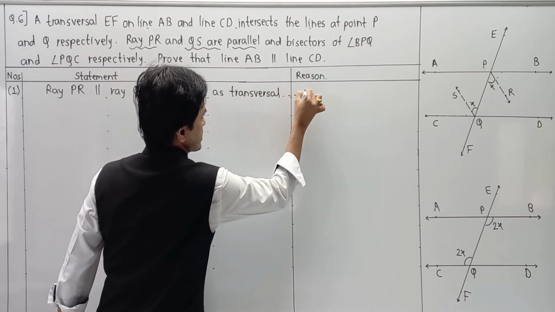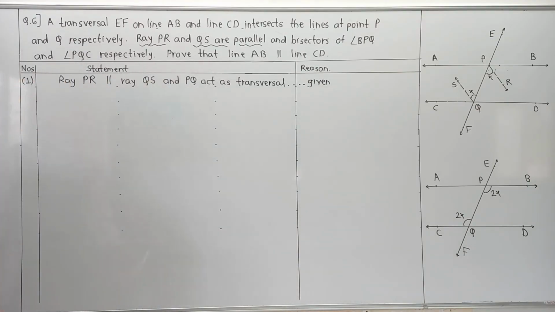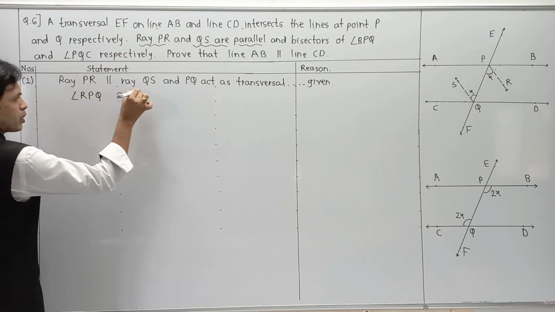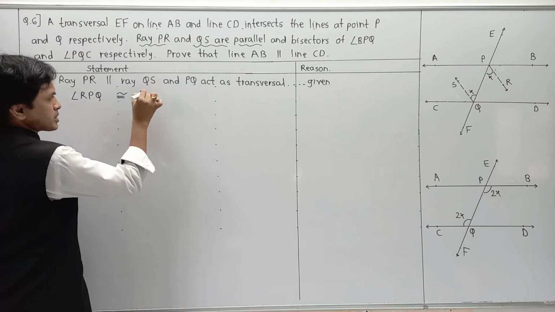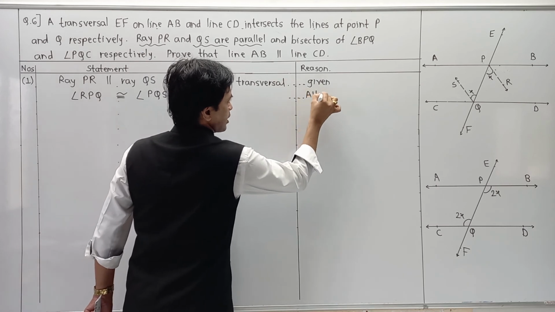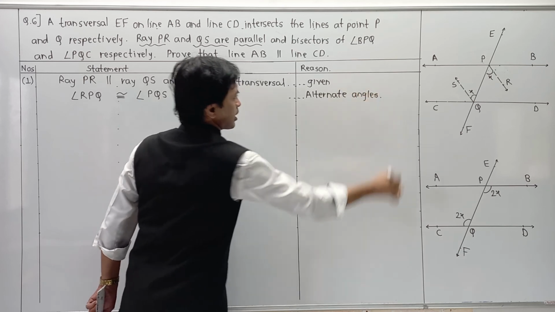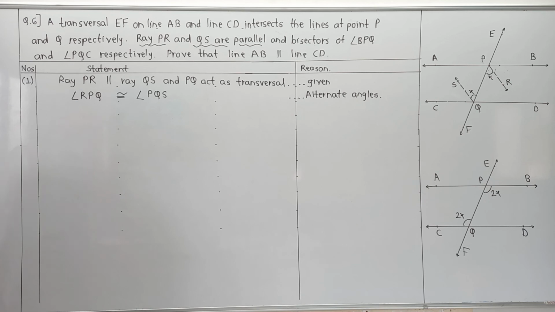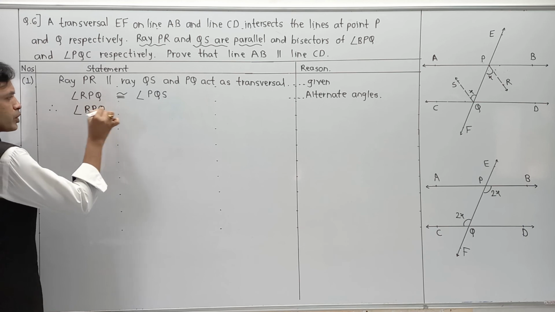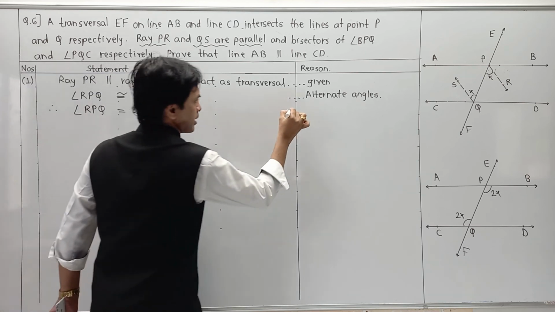They have given this, so I am going to write it as given. So we can say angle RPQ is congruent to angle PQS, and the reason is alternate angles. Now, as assumed, let it be x, so we write: therefore angle RPQ is equal to angle PQS is equal to x.